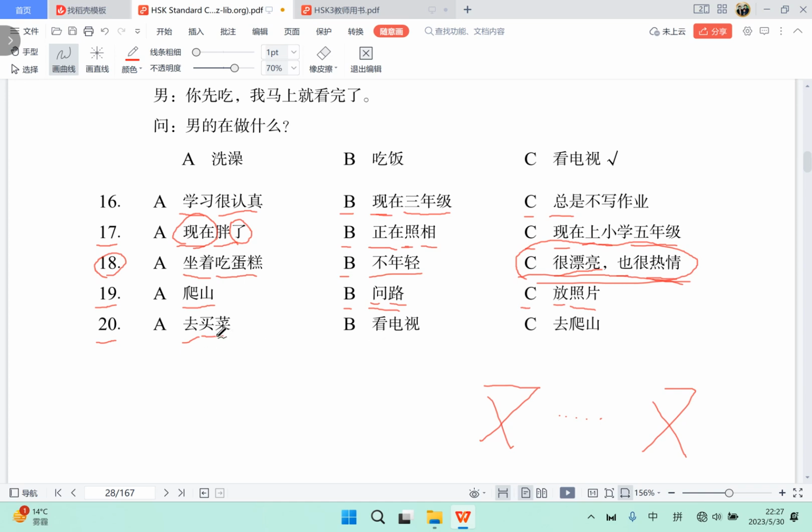It's mainly about food. To us Chinese, if we see 去买菜, it's to buy some food, some raw material for cooking. And B, 看电视, watching TV, and C, 去爬山, to go and climb the mountain.